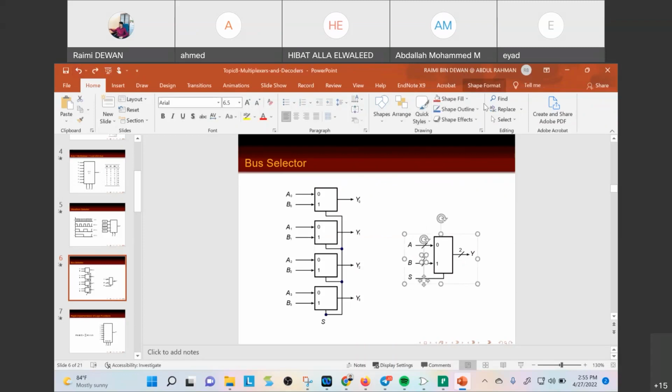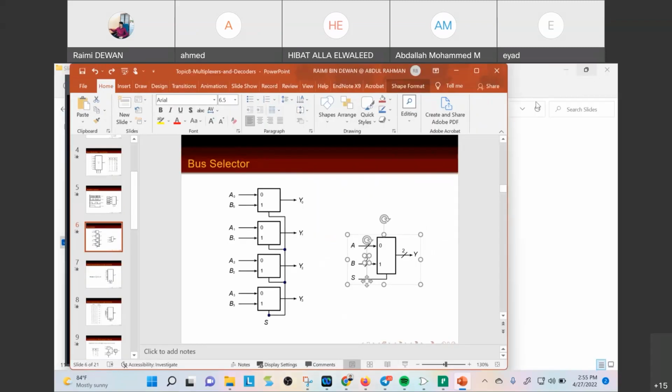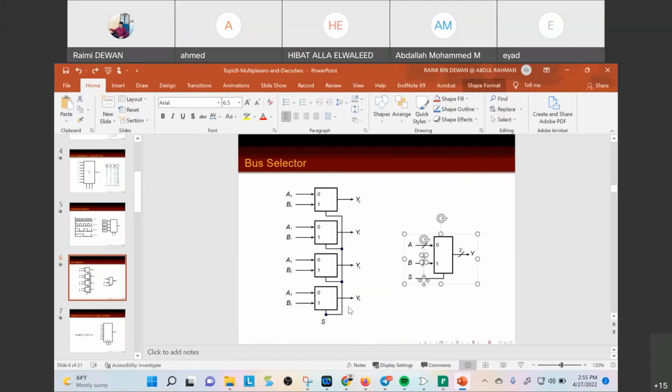I cannot close this one. The moment I share the screen, this one is disturbing. Can you see how inconvenient it is? Okay. So this one is 4. I'm correcting the error now in the slide. Then this one also 4.